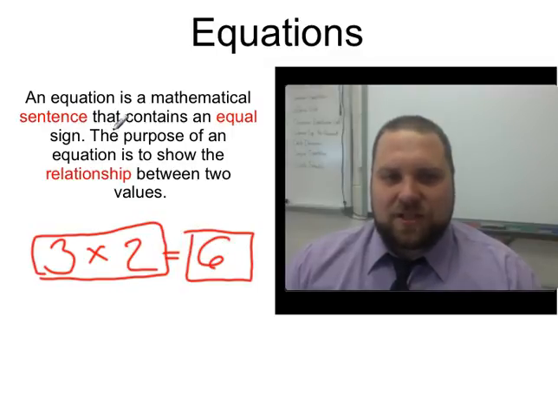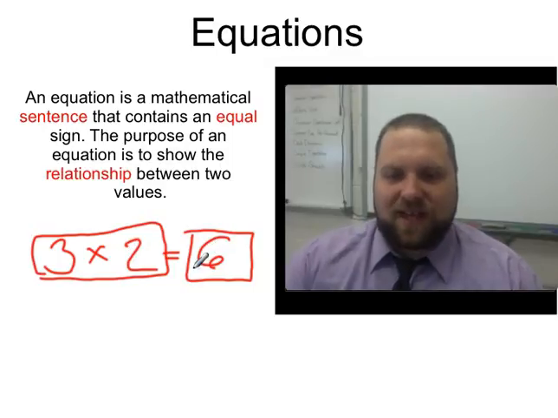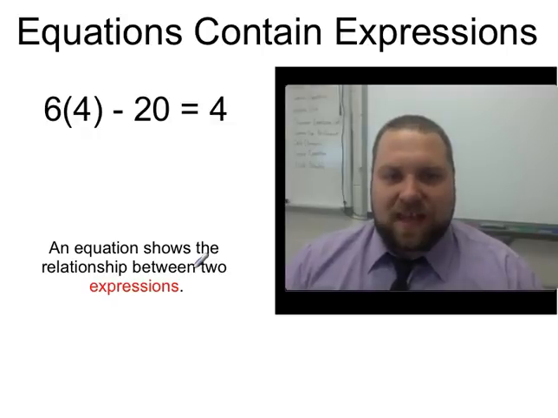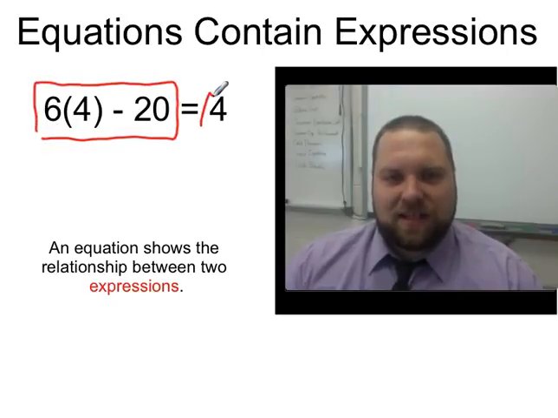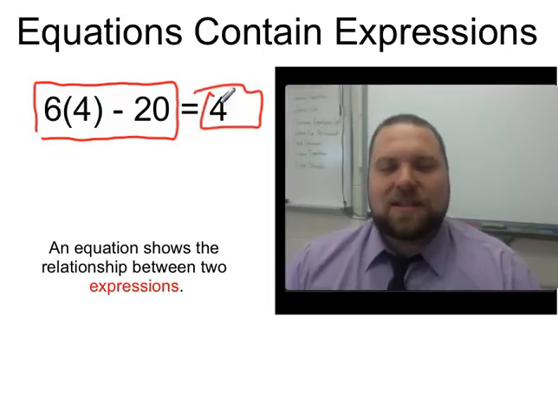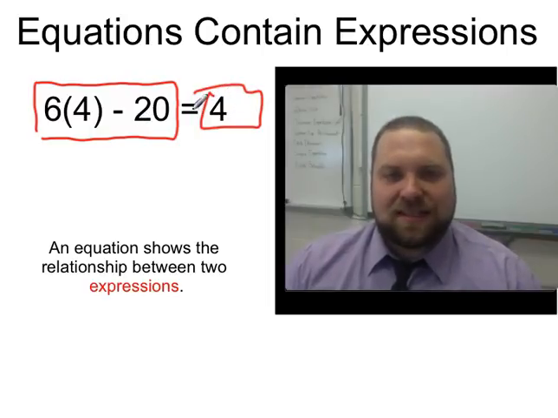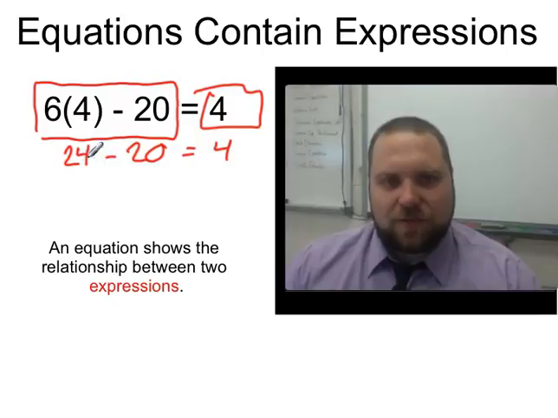So again, an equation is a sentence that shows a relationship between two values. And those two values that the relationship is being shown between are just in fact expressions. So another way of defining an equation would be to say it's two expressions linked together by an equal sign. And remember, we said expressions are just ways of describing numbers. 6 times 4, well, that's 24, minus 20 equals 4. 24 minus 20 is 4.